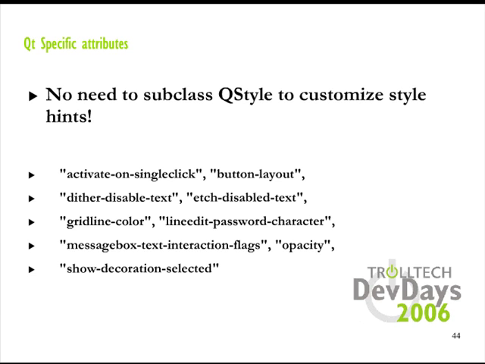What you can do is we have these magic properties, which are specific only to Qt, of course. For example, you have the message box text interaction flags. It says that the text in a message box can be selected. So you say QMessageBox text interaction flags. I think it's 5. It's there in the example. And all your message boxes automatically become selectable regardless of the platform.